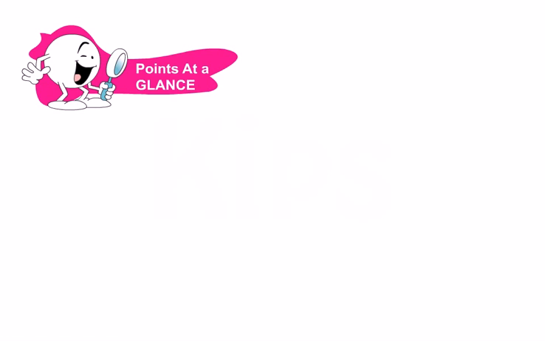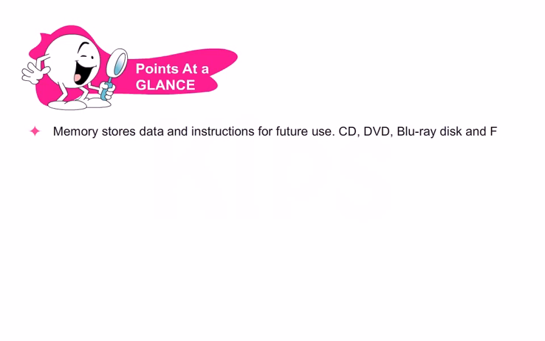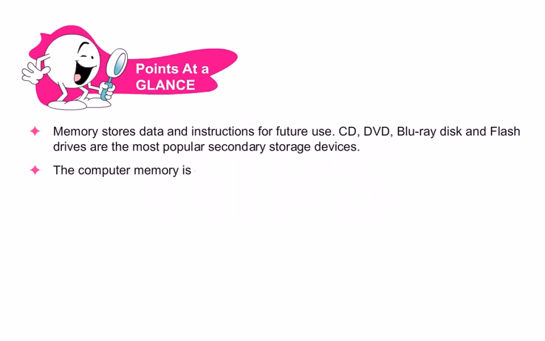Let us quickly glance through the key points discussed in this chapter. Memory stores data and instructions for future use. CD, DVD, Blu-ray disc, and flash drives are the most popular secondary storage devices. The computer memory is of two types, primary and secondary memory.